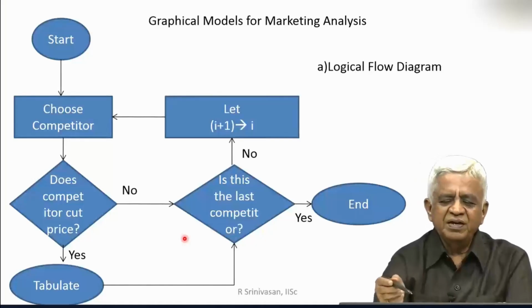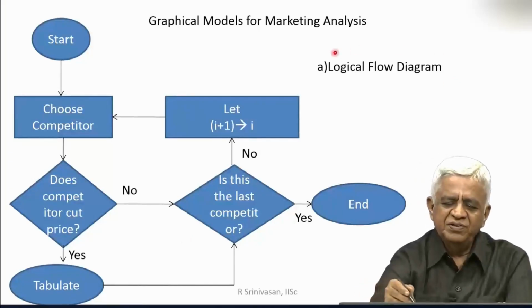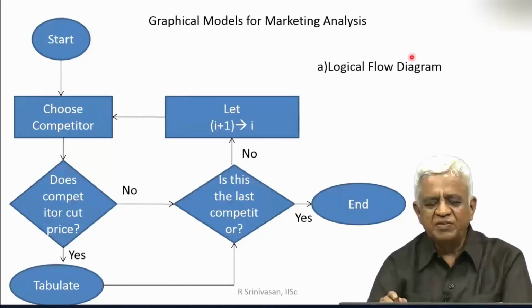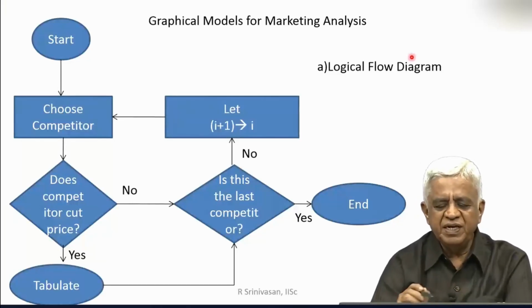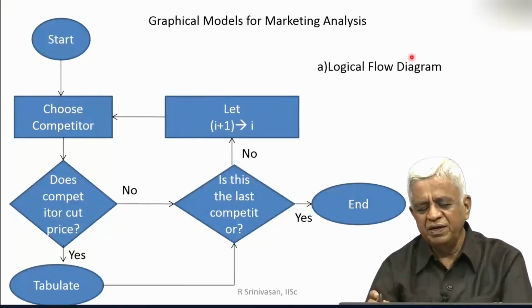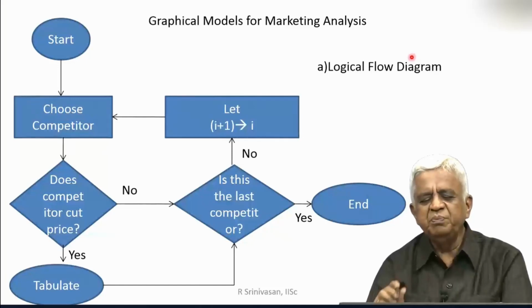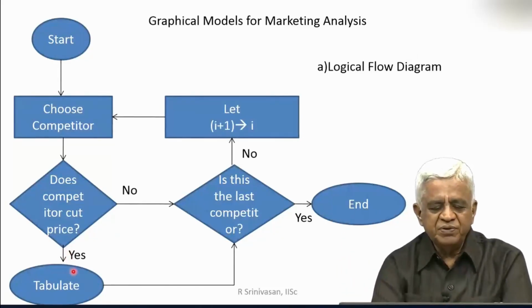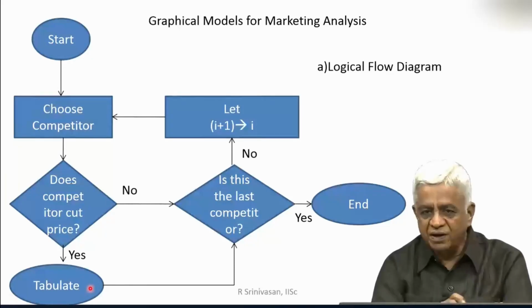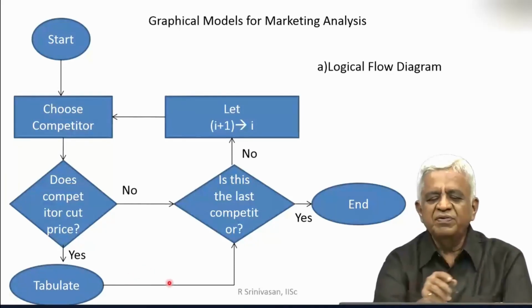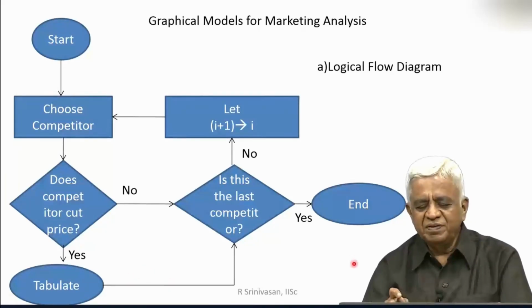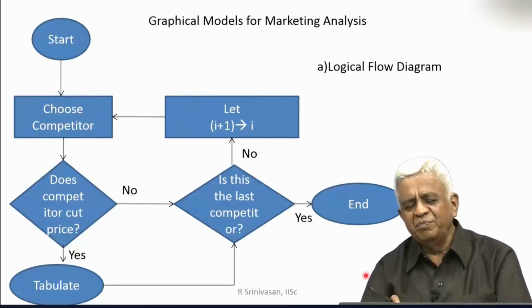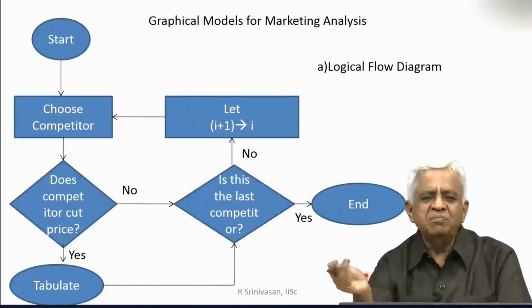So in a logical flow diagram you make use of two aspects: one is branching and the second is looping, to find out what your action should be when the competitor is cutting the price. Should you also cut the price or not? So you make use of this flow. In other words, marketing is becoming more and more complex.